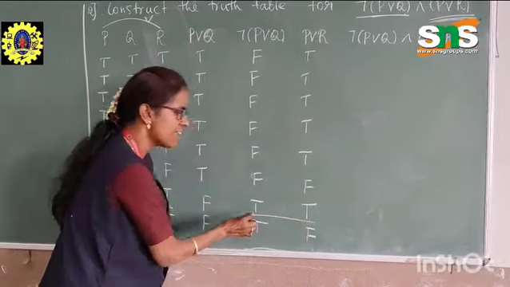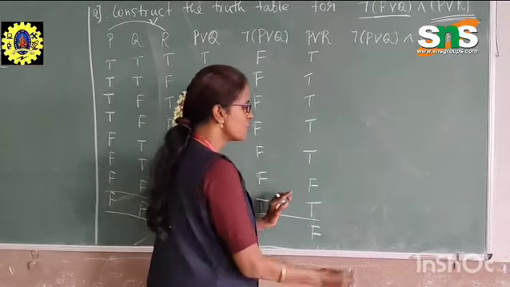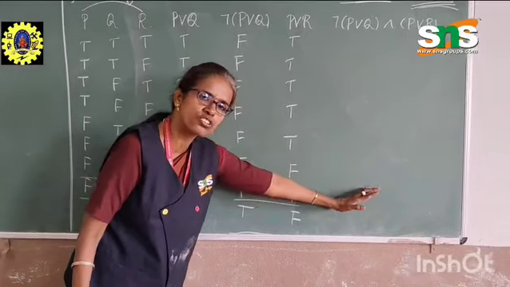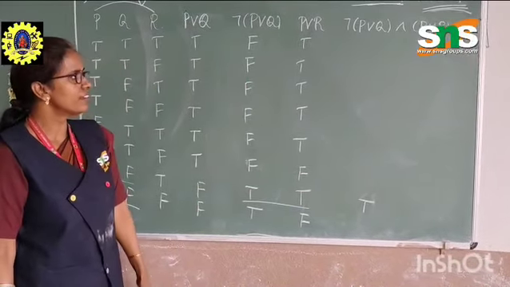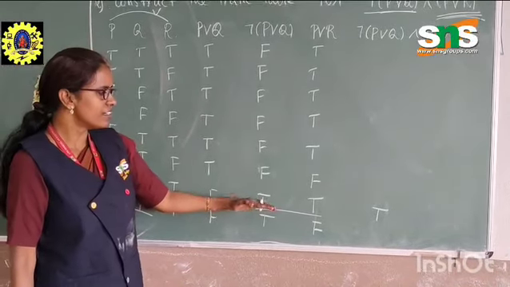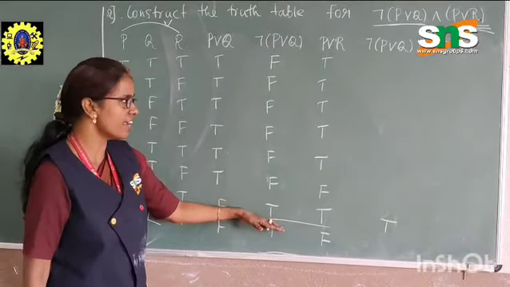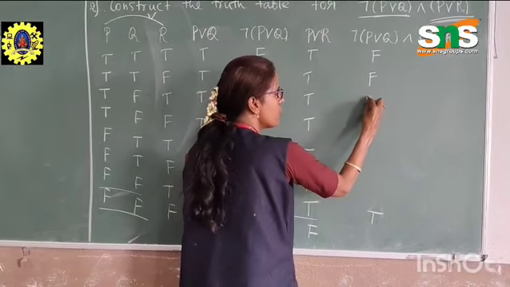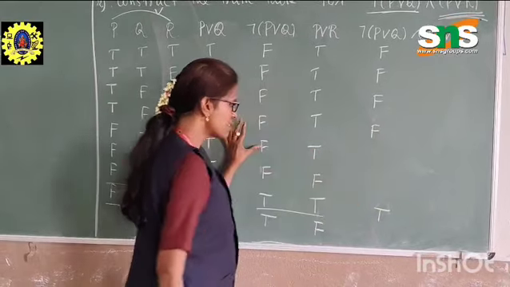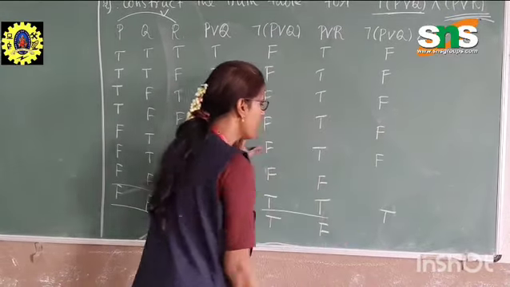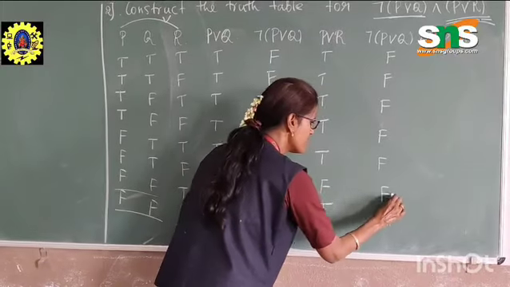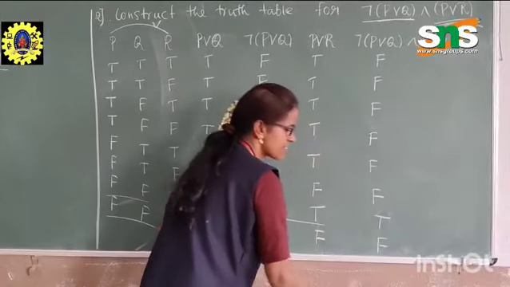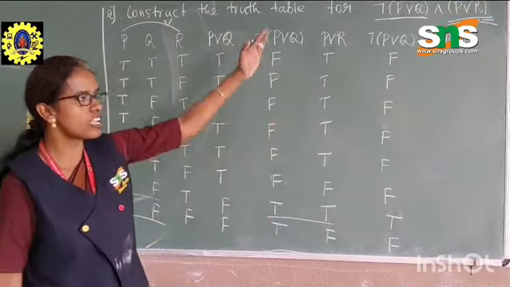We have only one case, which is true. The remaining, we don't have any terms like this, so the results are false, false, false, false. The next one is also false, and the last one is false. This way I have to fill the last column.